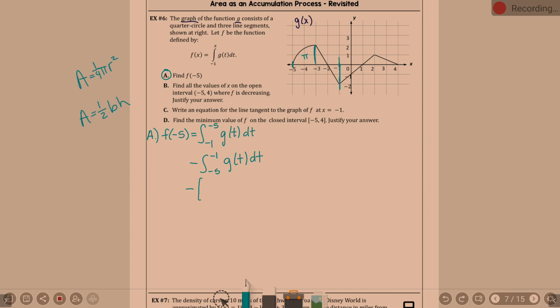This one is also 1, but it's below the x-axis, so it is -1. I'll write it as the negative of pi plus 1 minus 1, but it comes out to -pi.